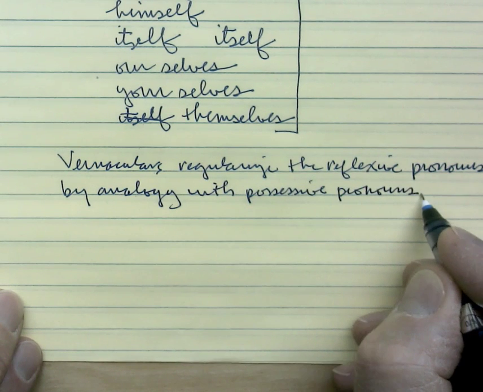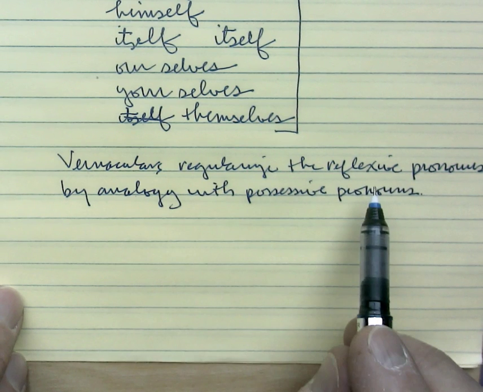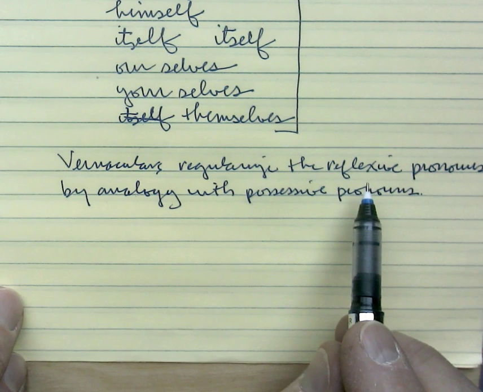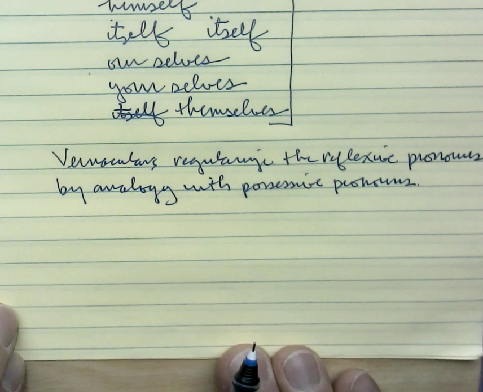So I hope this isn't too confusing, but the vernaculars are going to make their reflexive pronouns, they're going to base them so they look more like the possessive pronouns.